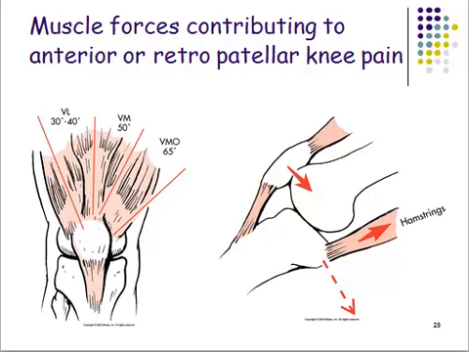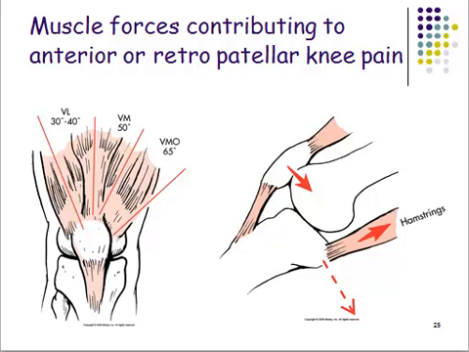In addition, tightness of the iliotibial band and the tensor fasciae lata is also seen as a contributing factor, as is tightness of the rectus femoris. So in the case of these muscle forces, we would want to stretch the muscles that are tight and strengthen the muscles that are weak.